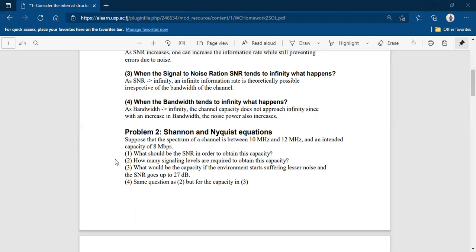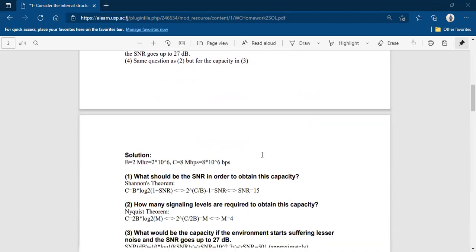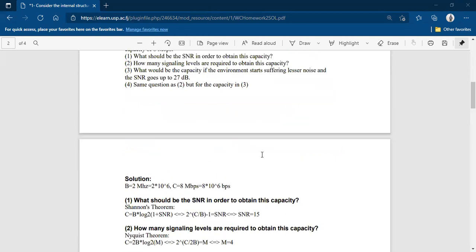Now, what should be the SNR in order to obtain this capacity?